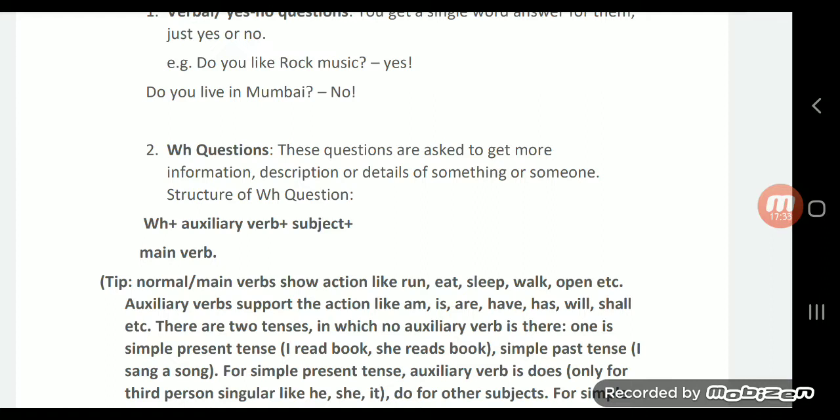When you ask a WH question, you can expect information or a description or a detail of something or someone. In verbal we get only a yes or no answer, but in WH we can get a lot of information from a particular person whom we are asking a question.